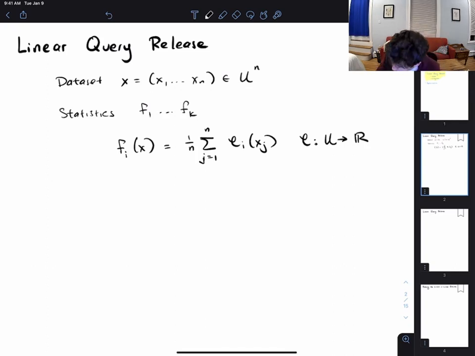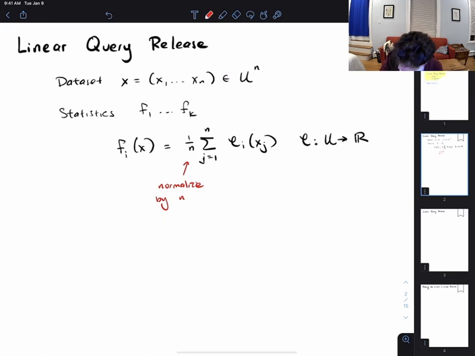So I've made two little changes here to be aware of. First of all, I'm going to normalize by the size of the data set. This is really just notation, because the way we've modeled differential privacy, we assume that data sets all have size n, and so we can freely divide by n and multiply by n.